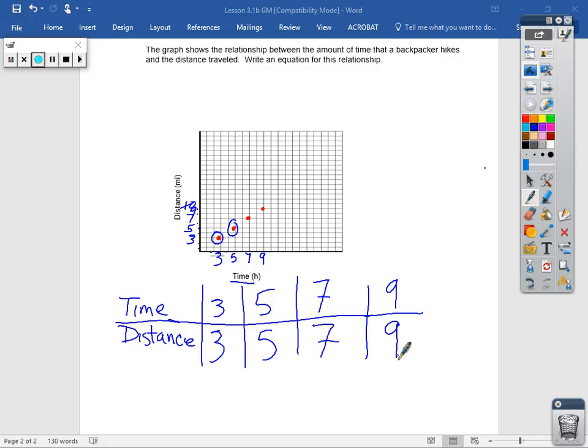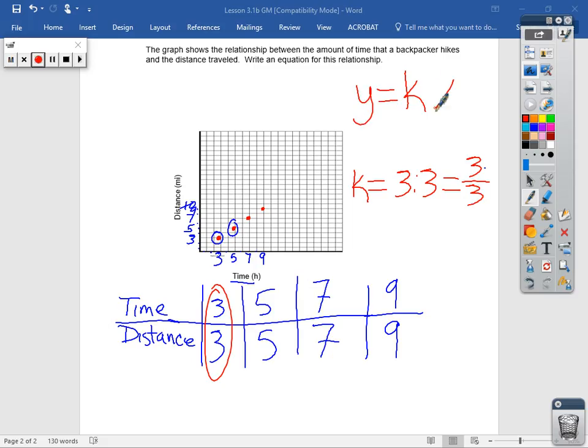We can use the first pair for our k equals 3 to 3 ratio, which if we write it as a fraction is 3 over 3. And remember our equation is y equals kx.